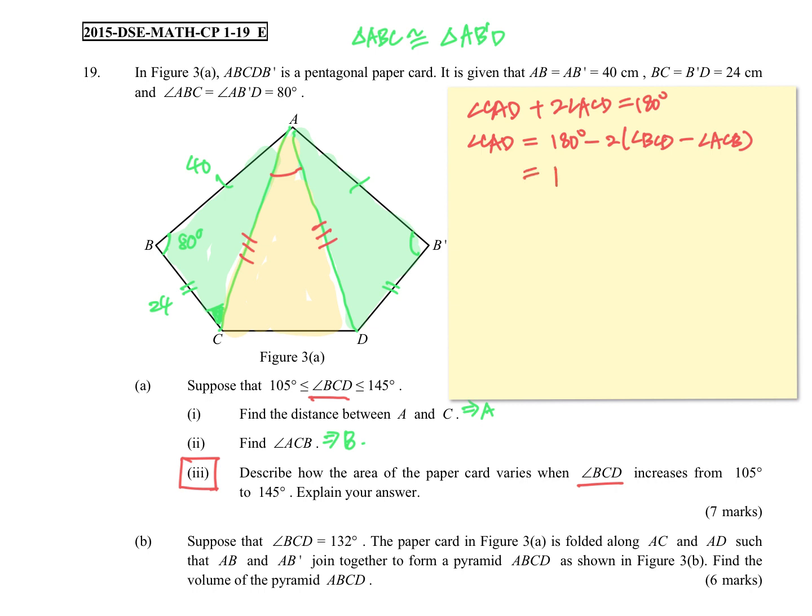So that would be 180 plus 2 angle ACB, the constant part, minus 2 angle BCD. Once we can express the area in terms of angle CAD, we can also express it in terms of angle BCD. From the range, angle BCD lies between 105 and 145, and then we just try to make it the subject.